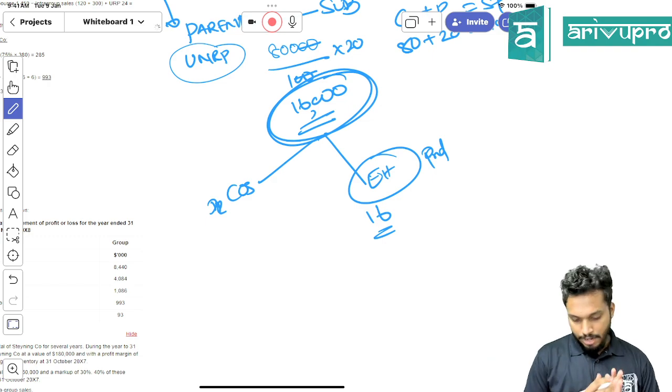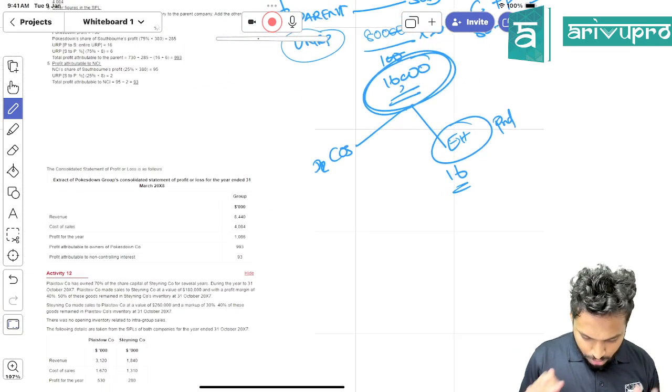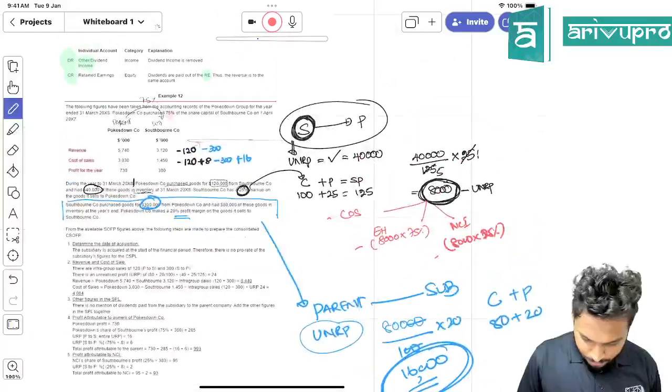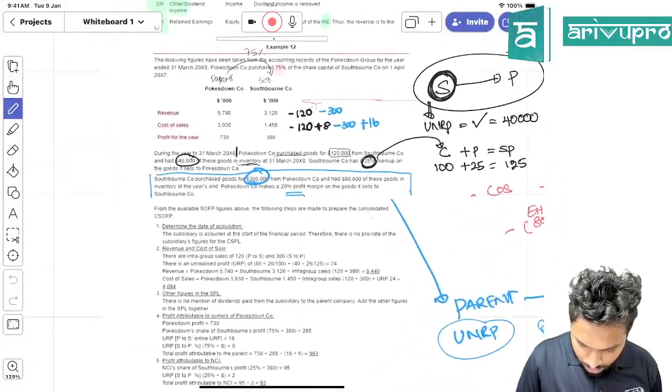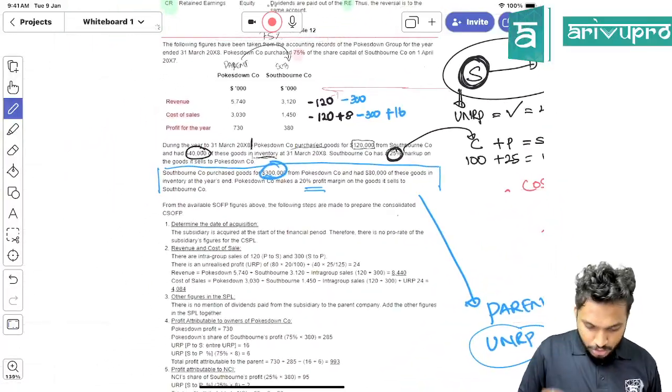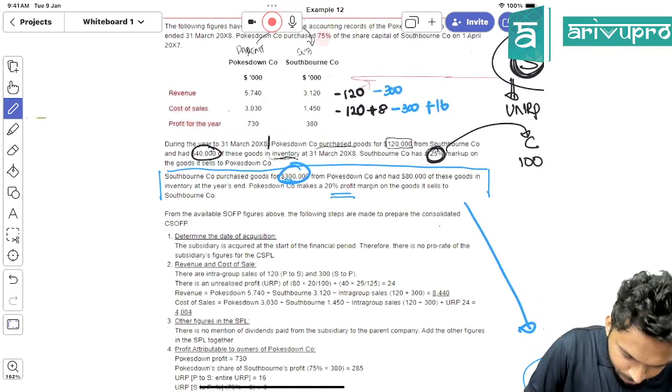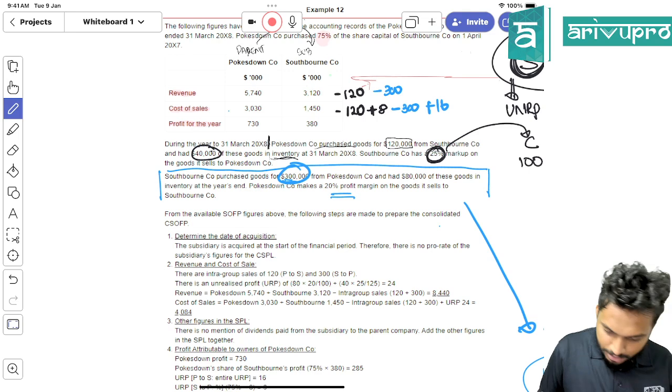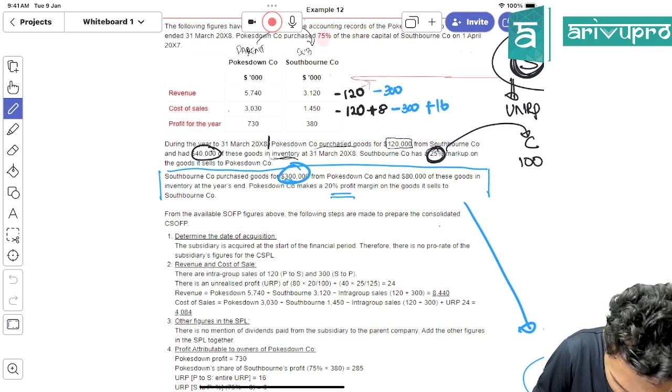Okay, right. So now just the next step, now we are going to finalize our accounts. So when you are finalizing our accounts, I'll do the group on this side.